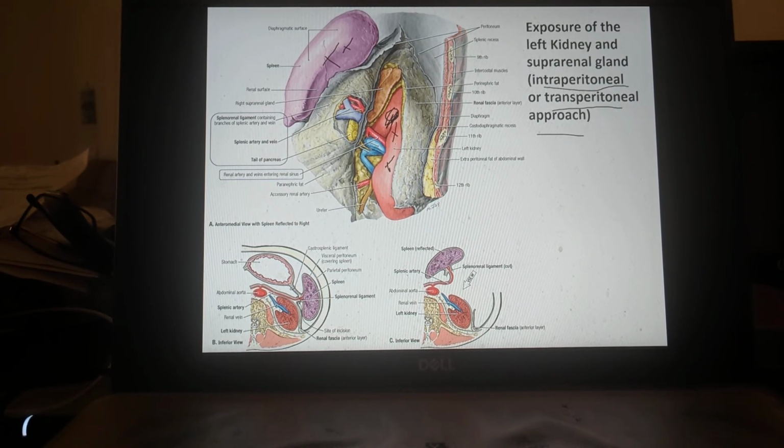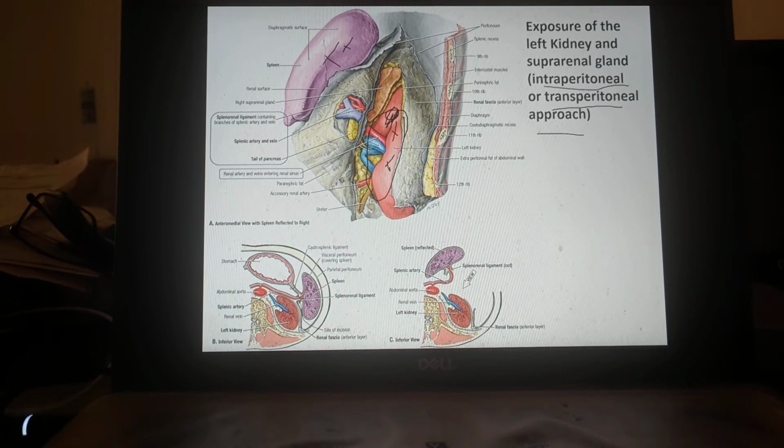After that we remove the peritoneum of this lesser sac to reach the left kidney. This approach is also important when we do what's called the Warren operation, the operation of anastomosing the left renal vein with the splenic vein.